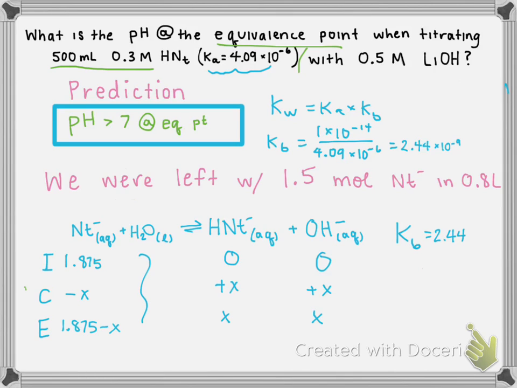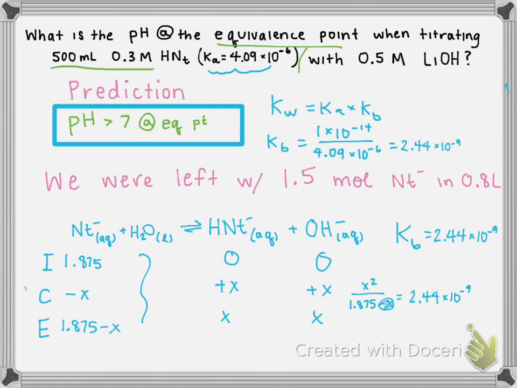And so now we can use this number to solve for x. So we'll have x squared divided by 1.875 minus x is equal to 2.44 times 10 to the negative 9th. And that exponent is definitely small enough that we can go ahead and ignore added and subtracted x's.